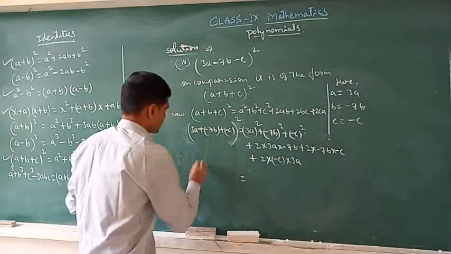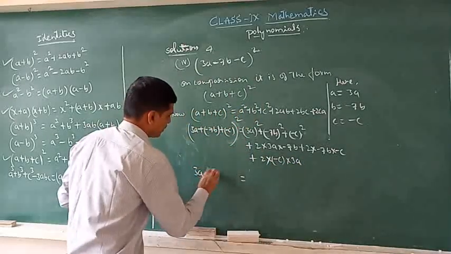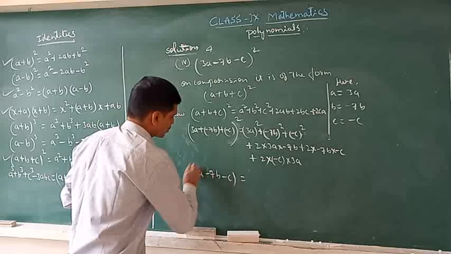So on simplification, it is (3A - 7B - C) whole square.